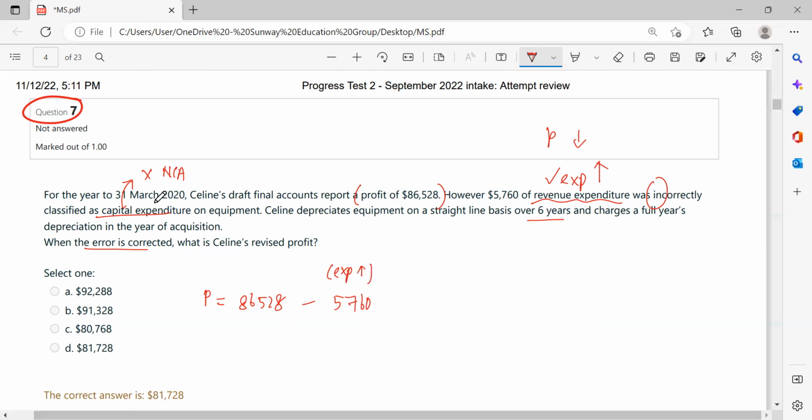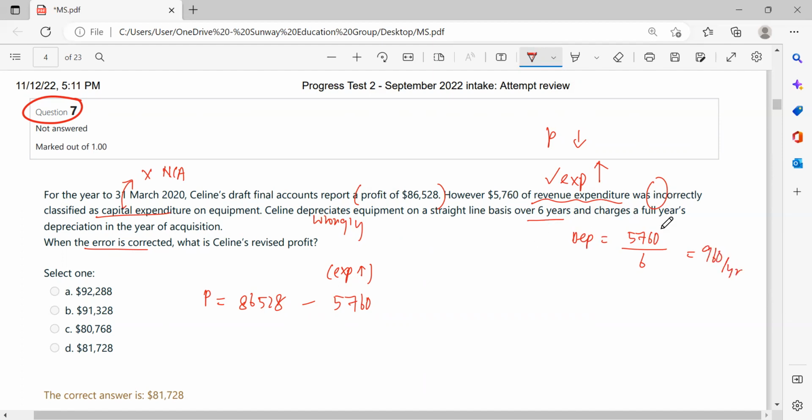Moving on, because you wrongly recorded it as a non-current asset, you wrongly depreciated your non-current asset also based on the straight line method. So you are not supposed to depreciate, but you depreciated. So we must find out how much the depreciation is. 5,760 was the cost. So I divide by 6 years. So for 1 year, the depreciation was 960.